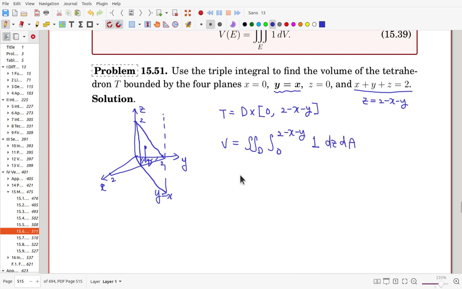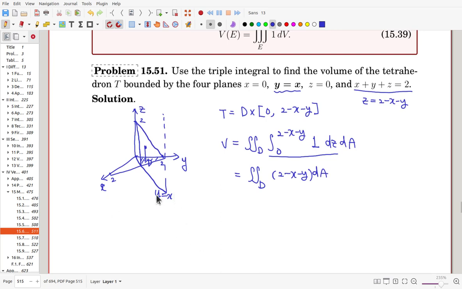Right? Okay, double integral over D. We try to finish this one. It's 1, so the integral must be the length, that is the same as 2 minus x minus y, and dA.